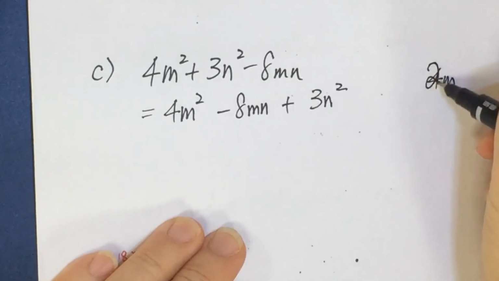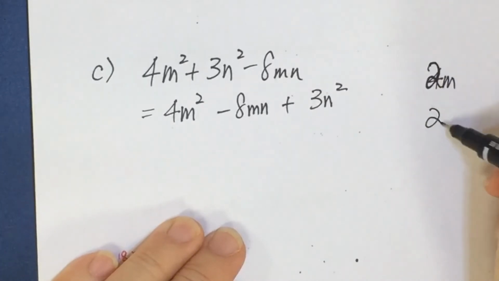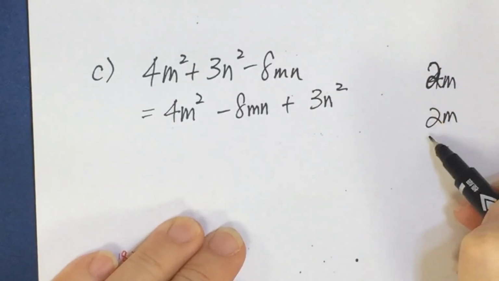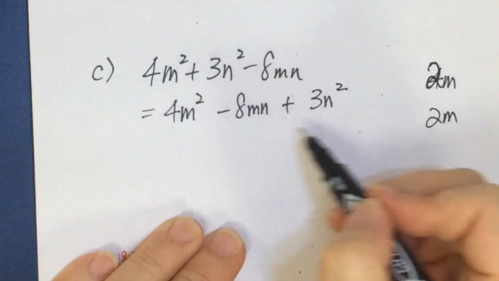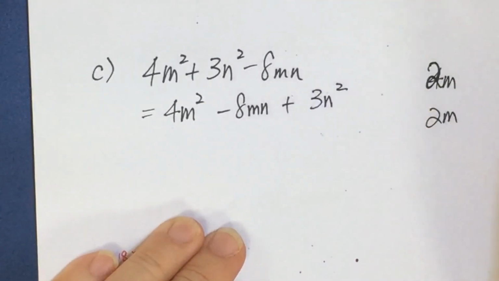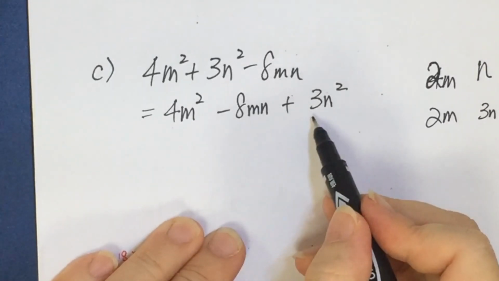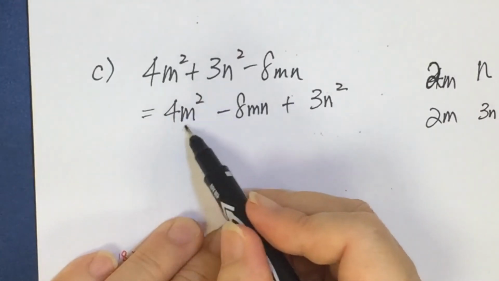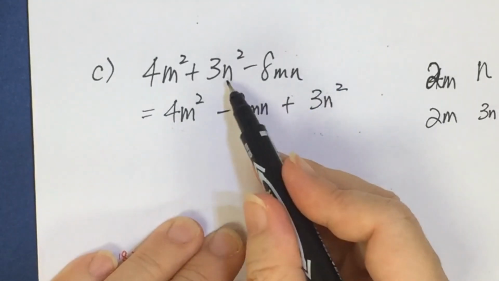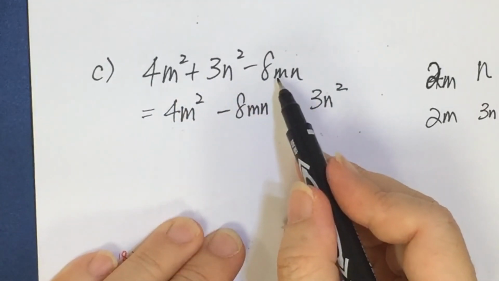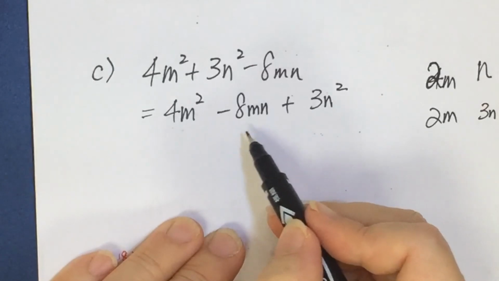I think I need to do 2m, 2m. 2m times 2m is 4m squared. You see, I put this square at the back, so that I'm adjusting these two, the 4m squared and 3n squared. This one is the middle term that I'm trying to get, negative 8.